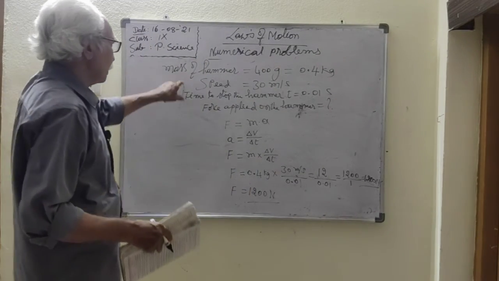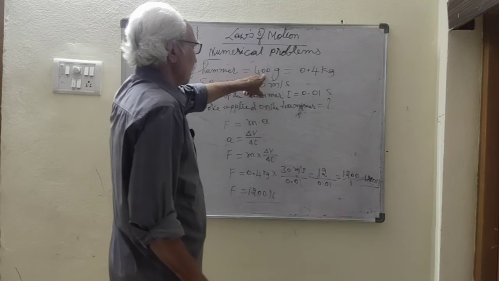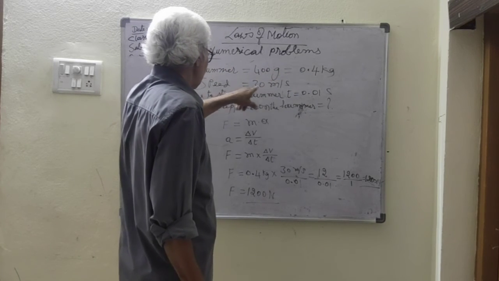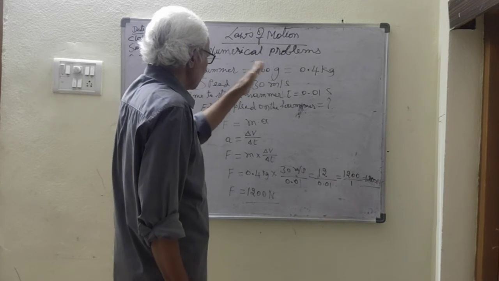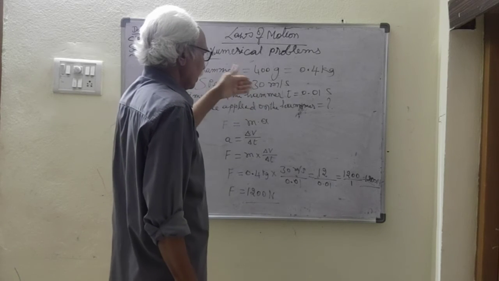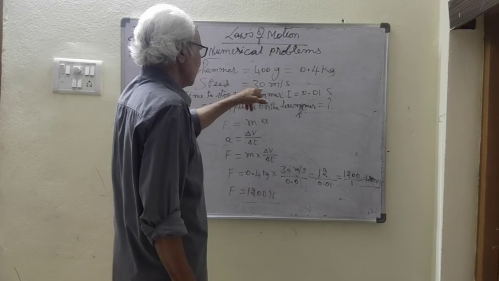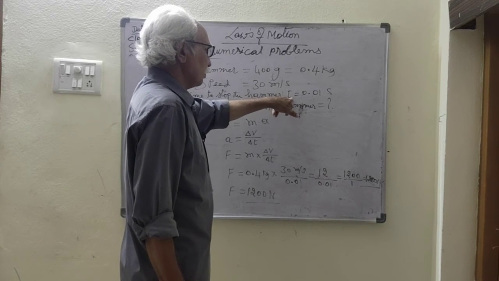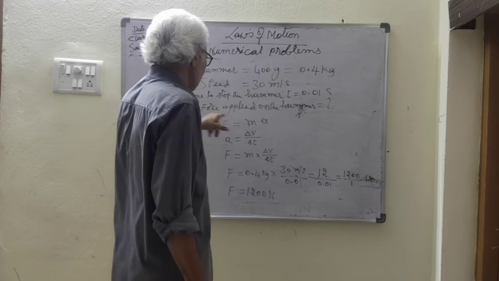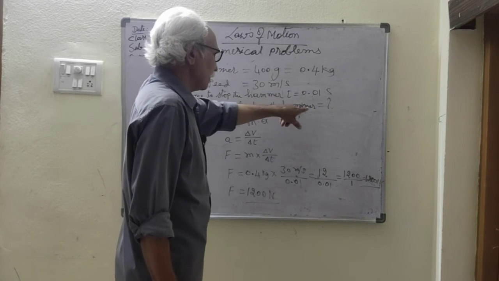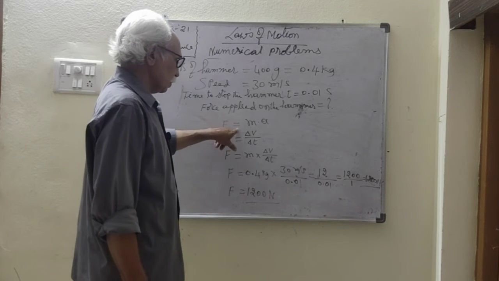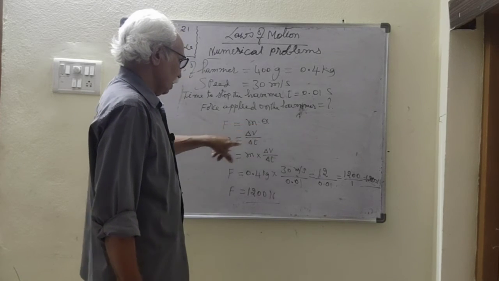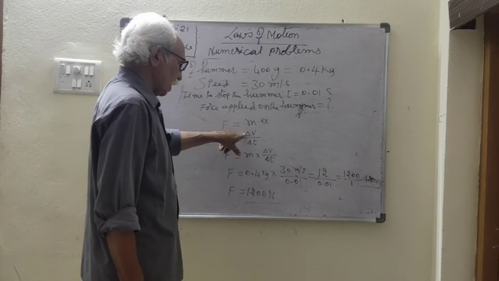Let's understand this. The mass of the hammer is 400 grams, meaning 0.4 kg. Speed is 30 meter per second, from starting to final. Starting is 0, final is 30, so the change in speed is 30 meter per second. Time to stop the hammer is 0.01 second. Force is equal to mass into acceleration according to Newton's second law, and acceleration is equal to change in velocity by time.